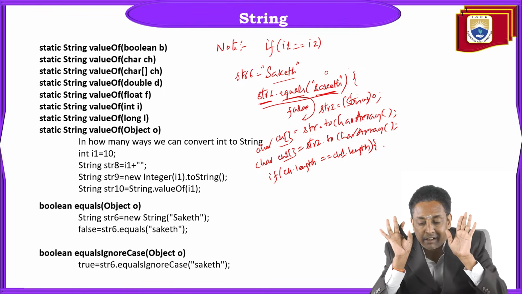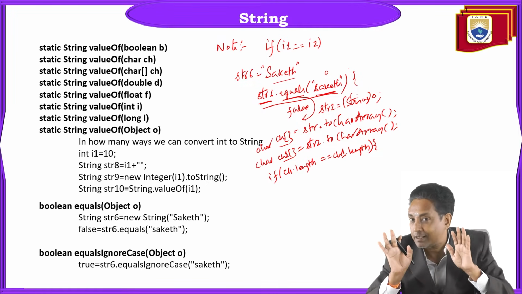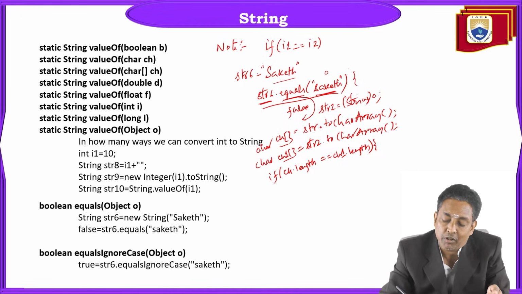If both character array lengths are the same, which means both string lengths are the same, then they take one for loop: int i = 0; i < ch.length; i++.